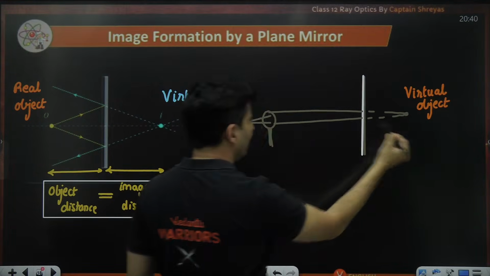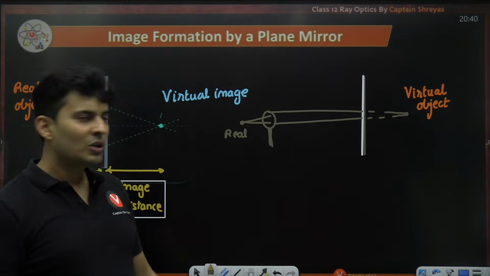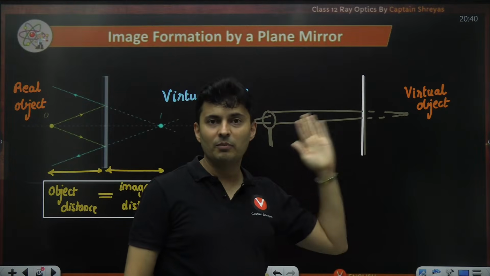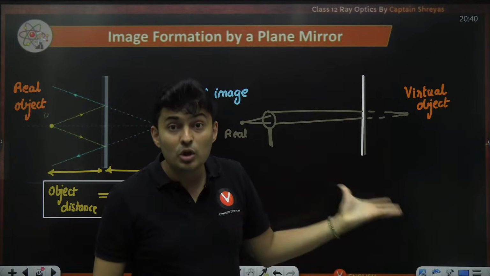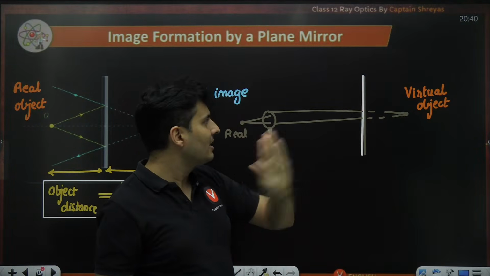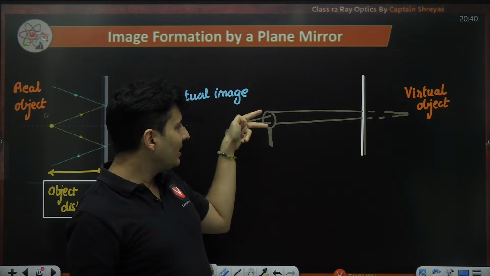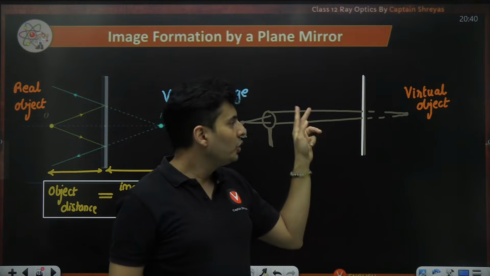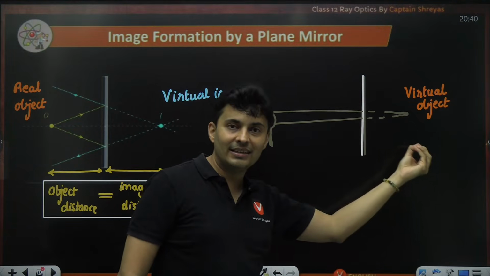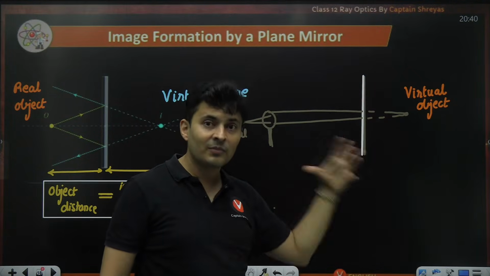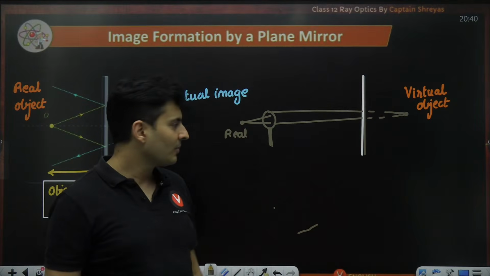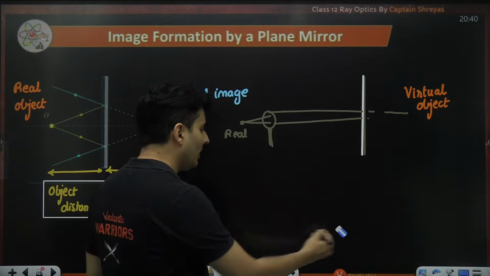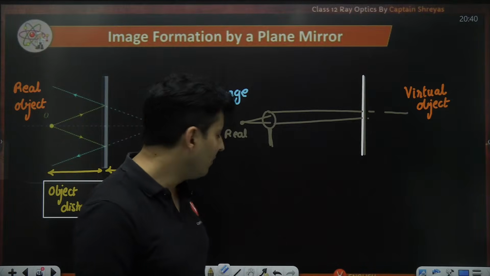But before they met, you placed a mirror. So this magnifying glass would have formed an image here, but before it actually met, you cut short the journey of the rays by placing a mirror. So the rays are not actually meeting, because if they actually met, it would be real. You are cutting it short. You have to extend the rays. So whenever you have to imagine, imaginary, it is virtual. Got my point? So that is the reason why this is now a virtual object.